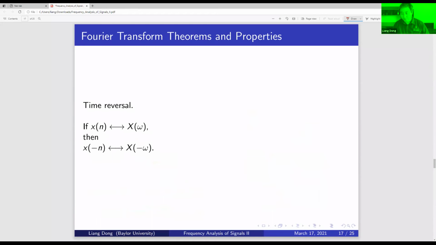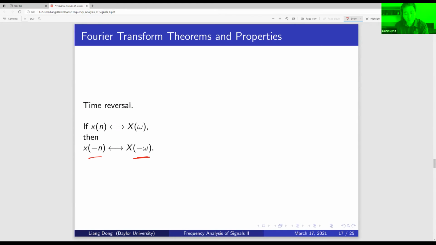Time reversal. If I have a signal pair, x and a capital X, then x[negative n] in frequency domain is capital X(negative omega). So we can prove that easily using the original Fourier transform equation.